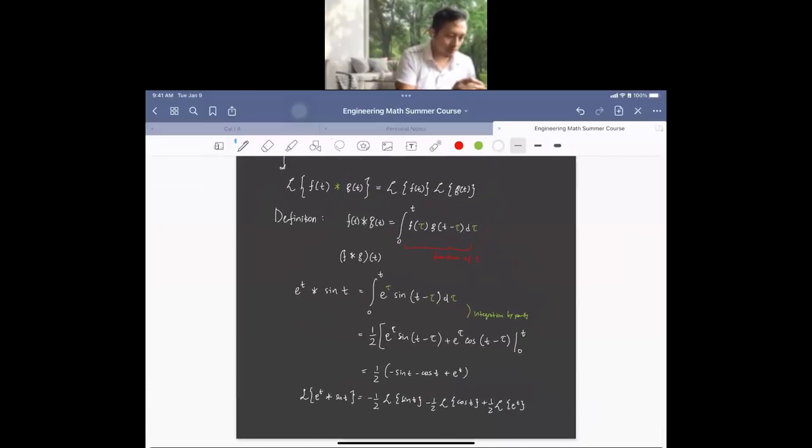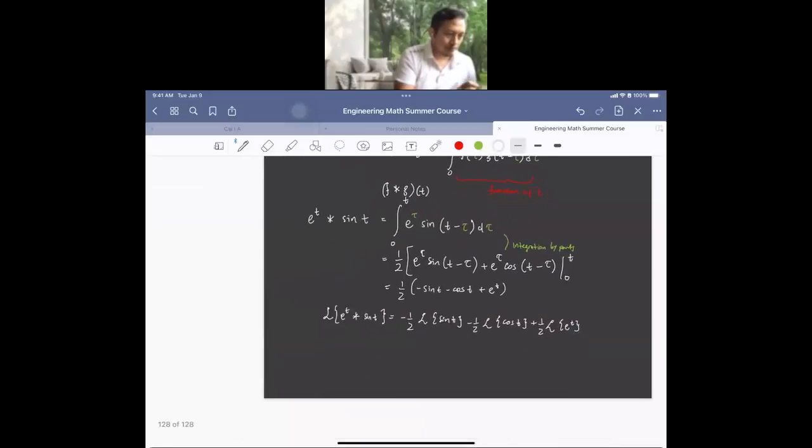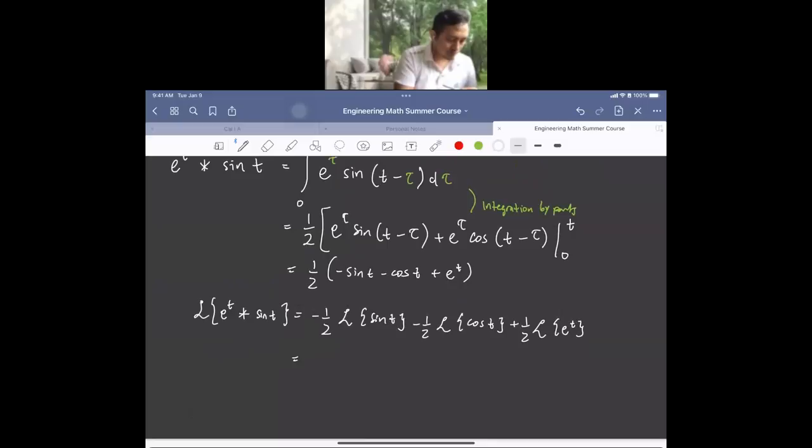We can write this down as 1 over s squared plus 1, minus half, this is s squared plus 1, plus half, and then 1 over s minus 1, right?